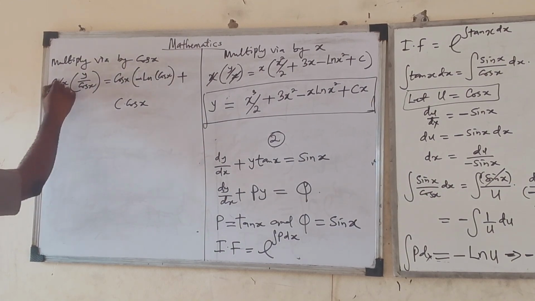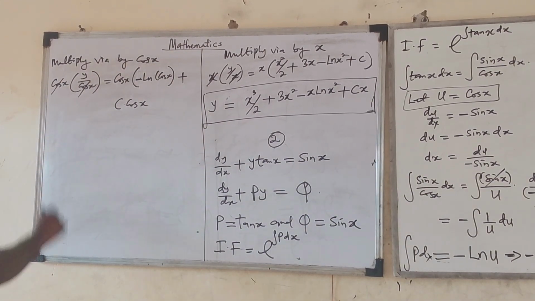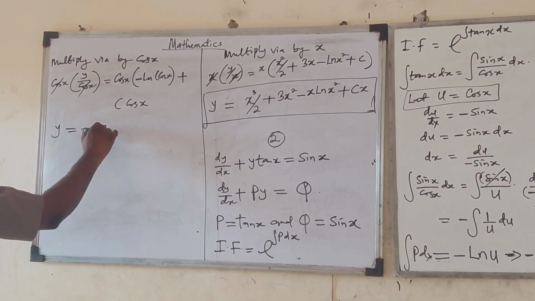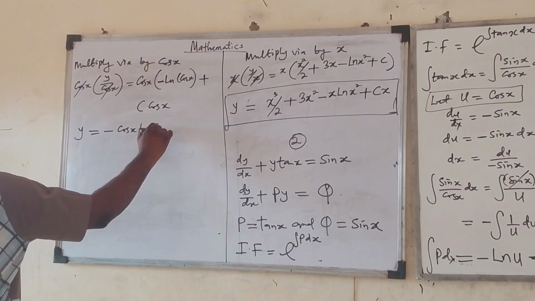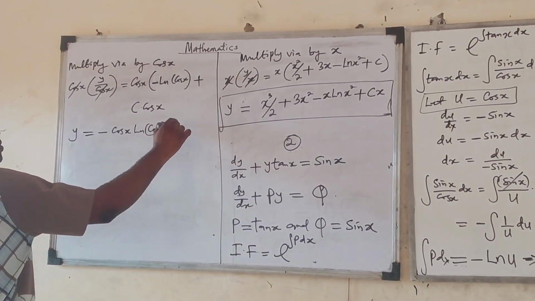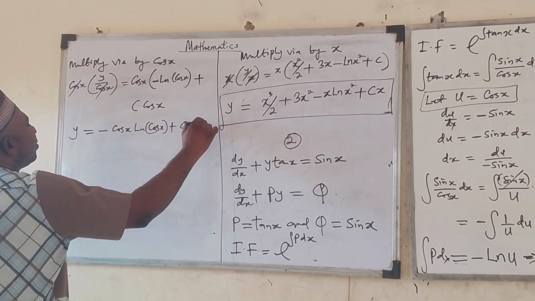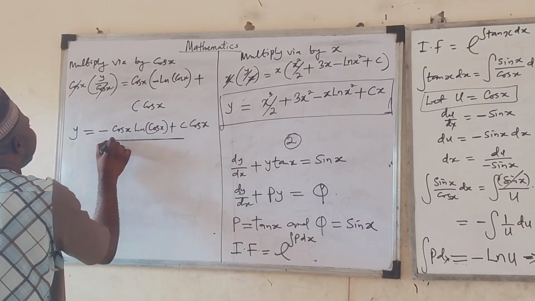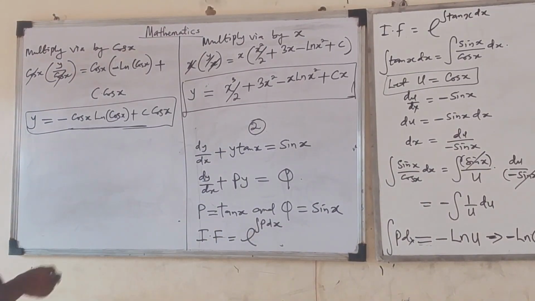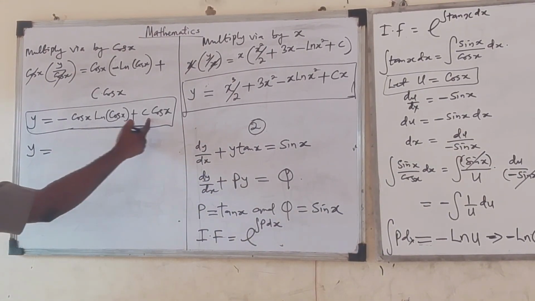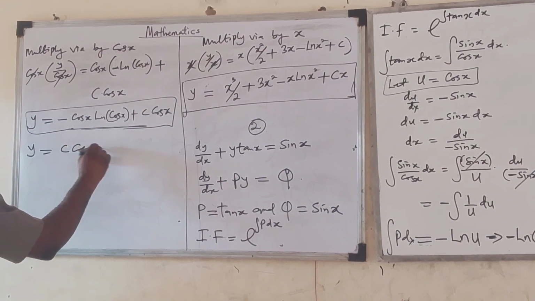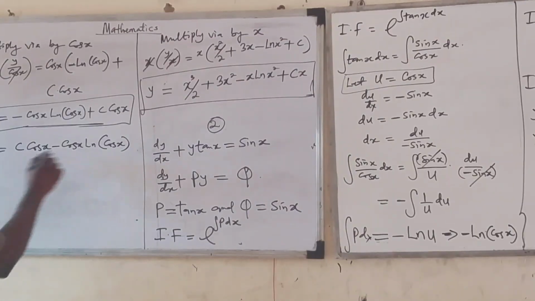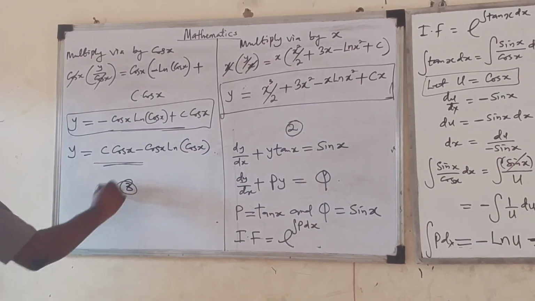So the cos x cancels on the left, and I'll be left with y. So y will be equal to minus cos x ln cos x plus c cos x. So that is the value of y. We can also express this as y is equal to c cos x minus cos x ln (cos x).